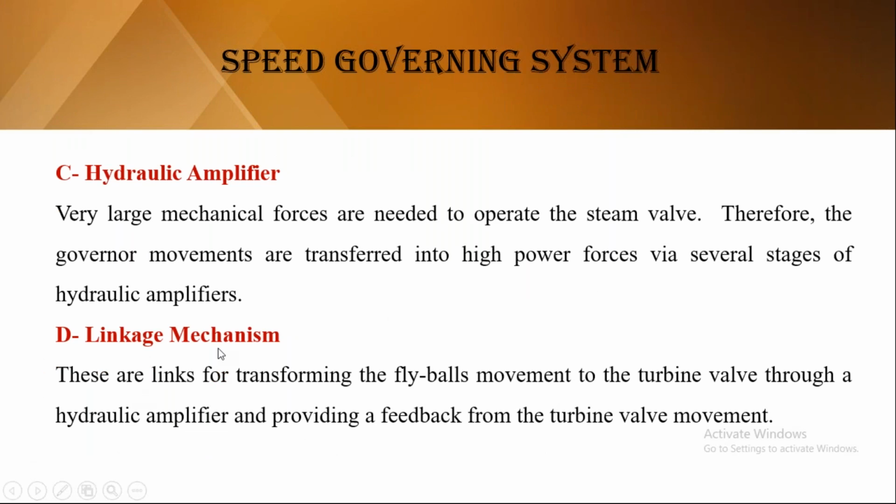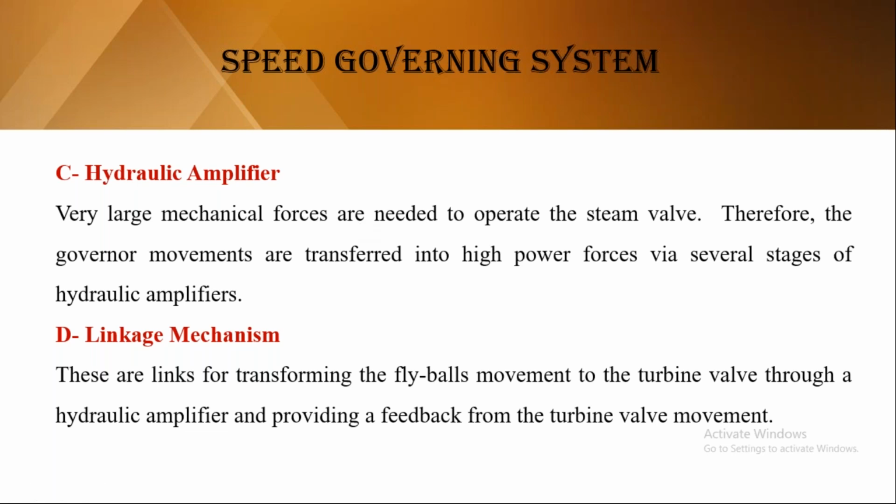Right. The next part is the hydraulic amplifier. The main function of the hydraulic amplifier in the speed governing system is that it controls the mechanism happening in the linkage with the help of high pressure oil. So it has the high pressure oil, and it controls the unwanted mechanism happening in this linkage mechanism. See here, very large mechanical forces are needed to operate the steam valve.